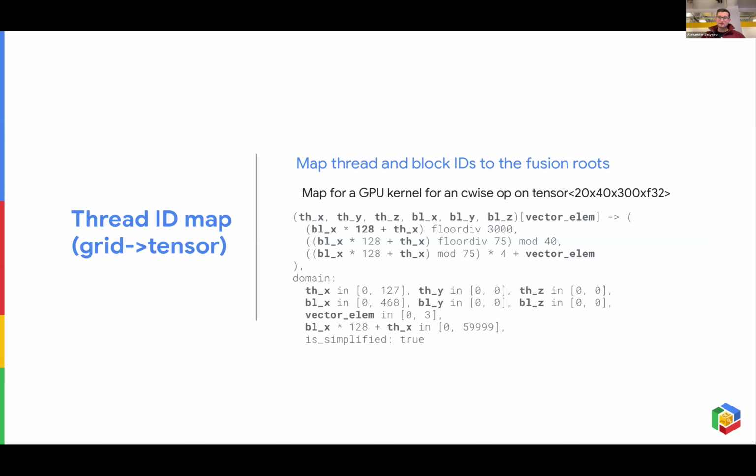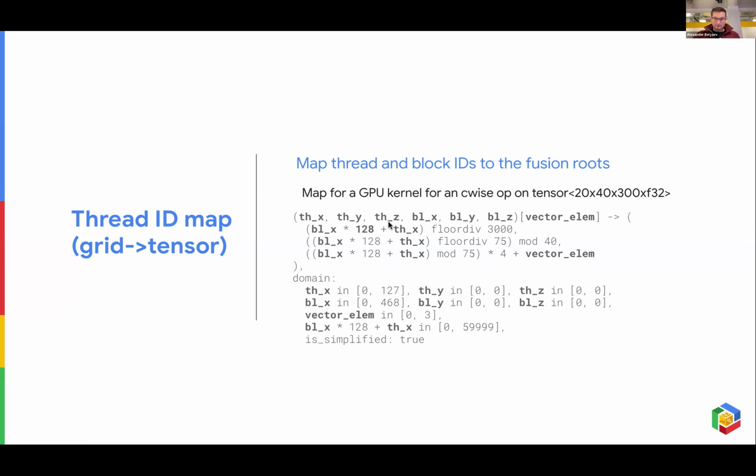We also use indexing maps to model the mapping from threads and blocks of the GPU to roots of the fusion, or sometimes some other tensors within the fusion. Here you can see a thread mapping for a kernel that just has one unary element-wise op, producing a tensor of 20 by 30, 40 by 300 elements.